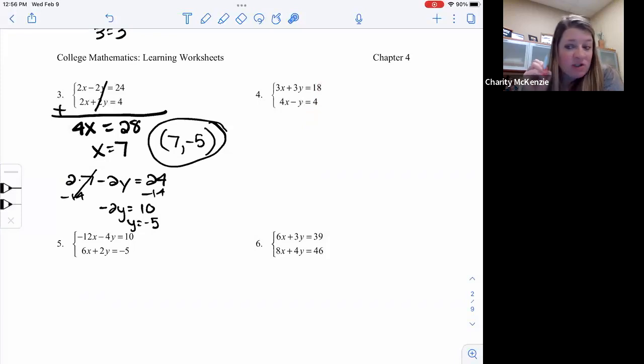What we can do is times the bottom, every single thing, by a 3, so that there's a 3 right here, and that would allow the y's to cancel. If I wanted the x's to cancel, I would have to times this one by 4 and this one by negative 3 in order for the x's to be 12 and negative 12. So it'd be a little harder to do the x. If I times this one by 3, this would be a negative 3 and that one would be positive 3. So I'm going to do that.